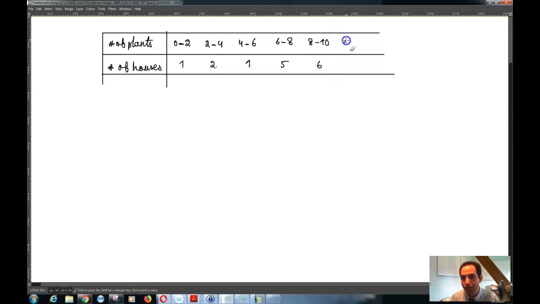And 10 to 12, that corresponds to 2 houses. And 12 to 14, that corresponds to 3 houses.